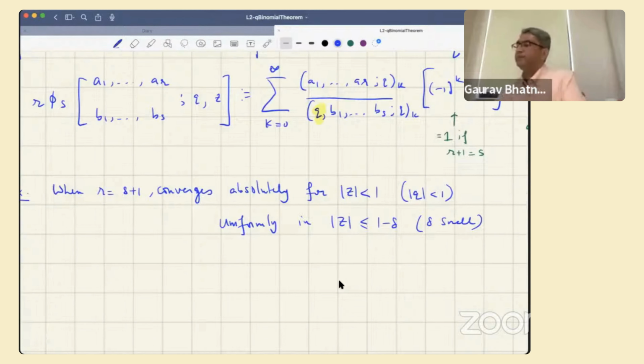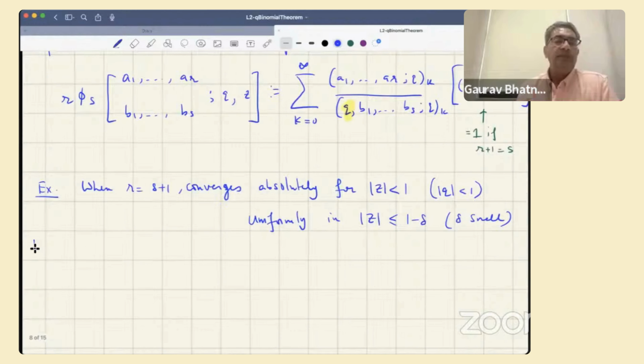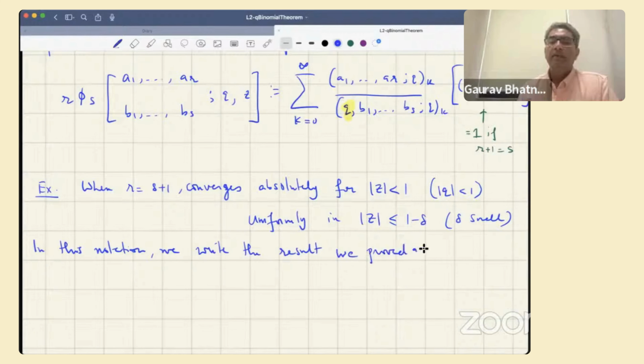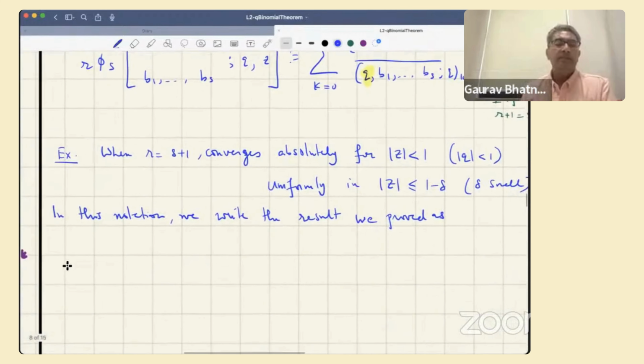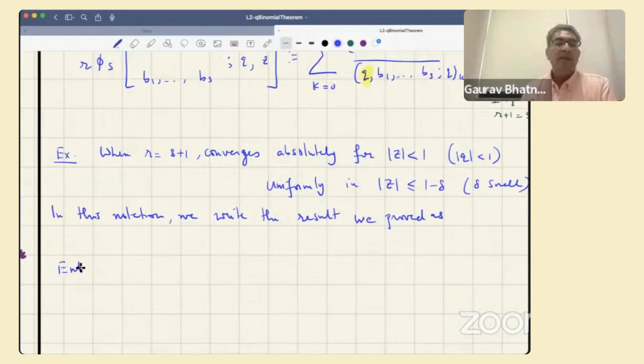Okay. So in this notation, we write the result we proved as entry 3.16.6.